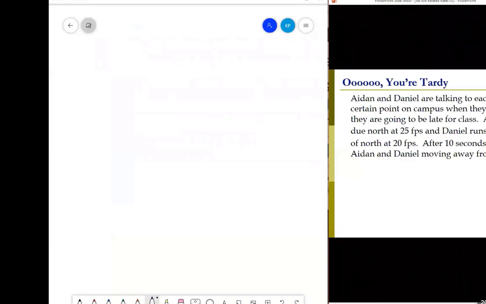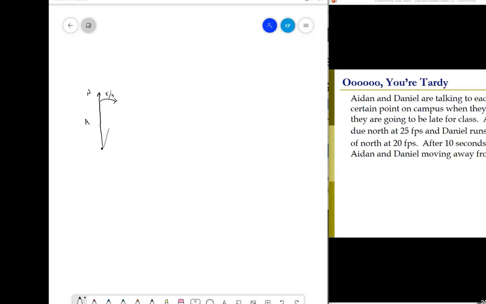If I was drawing this picture, they both are at a corner and Aiden is going to go north. Hopefully everyone knows that on a map, north is up. I would give that a variable of A for Aiden, and we know that A is changing. Then 30 degrees, or pi over 3 radians, east of north means we go pi over 3 from north in an eastern direction.